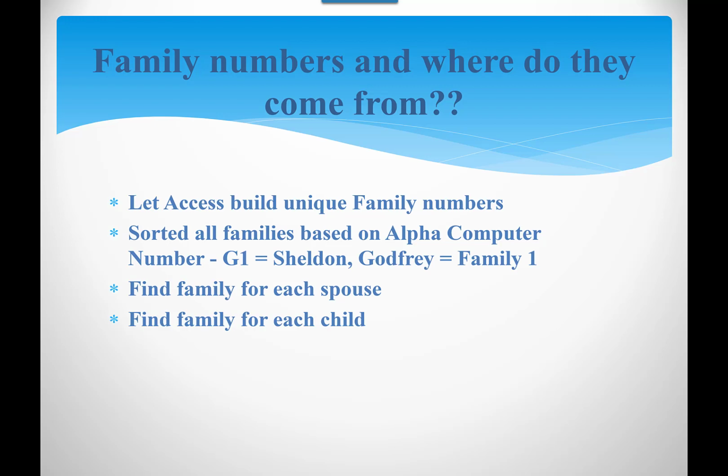Computer numbers can build these numbers, and GEDCOM needs two main tables, one for individuals, and now with the 0102, I had all those spouses, and the second one for family. This gets closer to GEDCOM from what we started with.